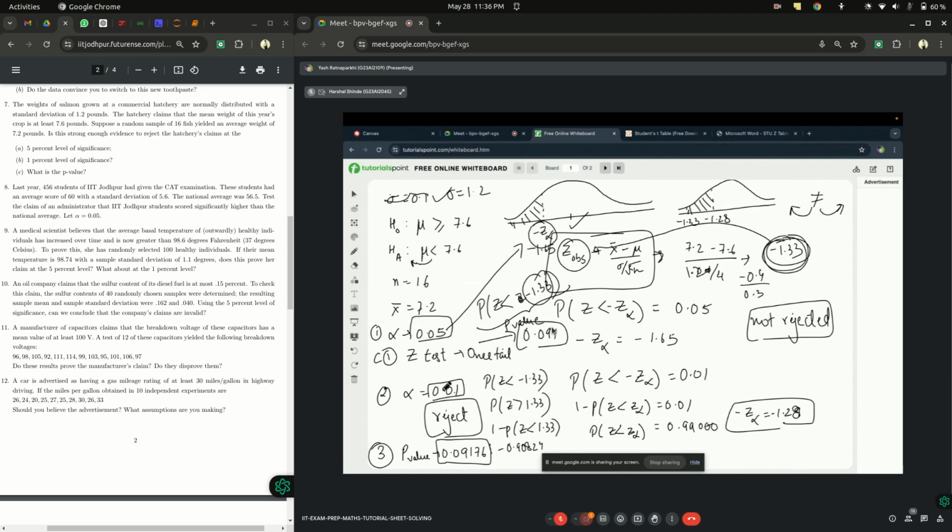In case B, you are rejecting it because minus 1.33 lies in the rejection region, less than minus 1.28, but it is not matching with the p-value. The p-value is 0.091 and my alpha for the second case is 0.01.